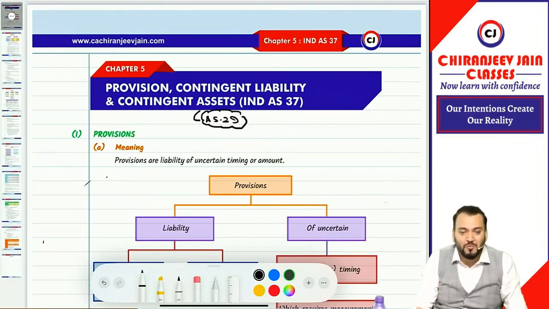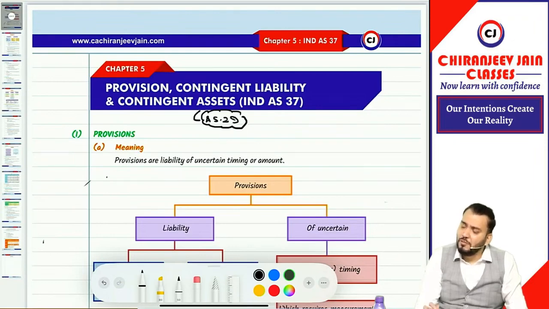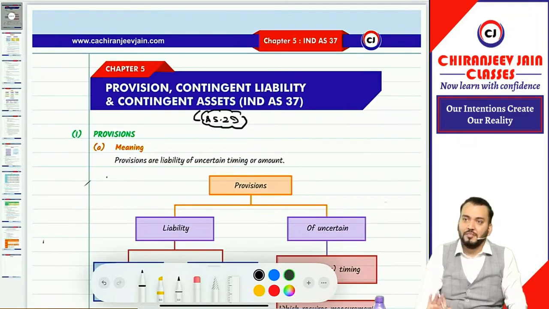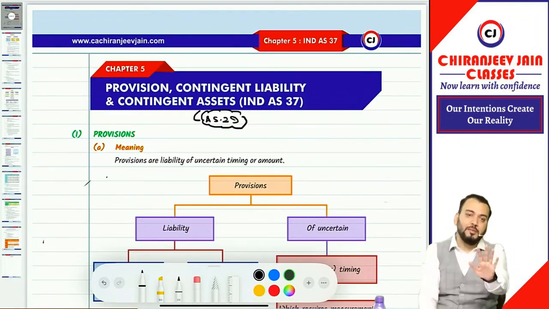Whether provision for doubtful debt is a provision? No. Why is it not a provision? Because provision for doubtful debt is not a provision. Chalo, I will answer everything.